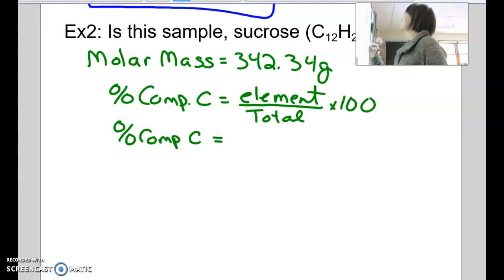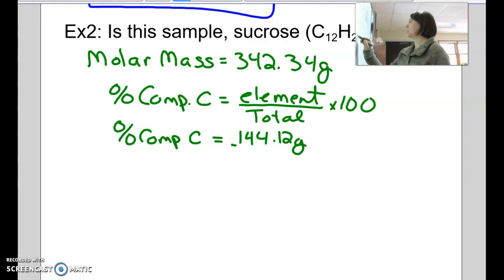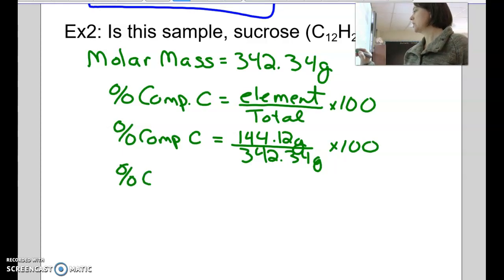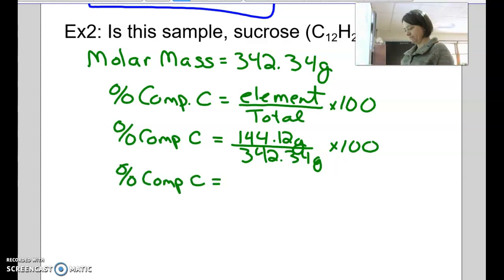Okay, so if we had written it out, we would already have this number, but now we've got to go back. 12 moles of carbon times its molar mass is 144.12 grams carbon over our total, which is 342.34 grams, times 100%.